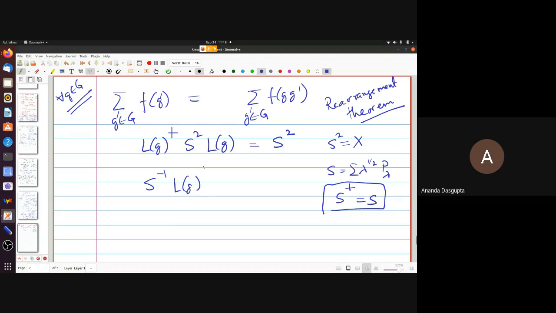So now you see, this is LG dagger S LG S inverse equal to identity, right? I have just written this expression by bringing one S on this side, the other S on this side.